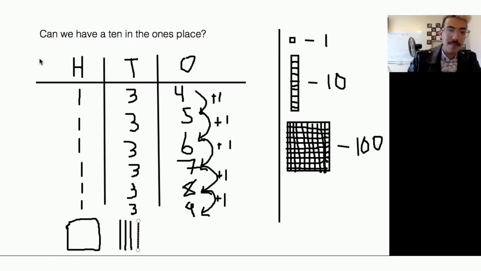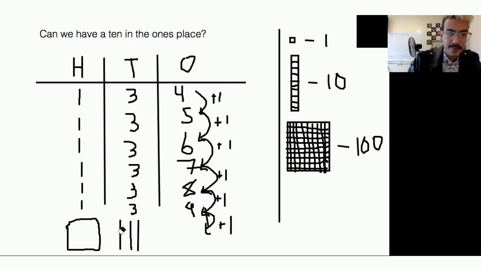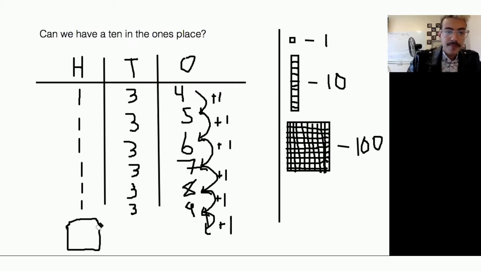So the number ends up being, if I add 1 cube to 139, it ends up being 140.